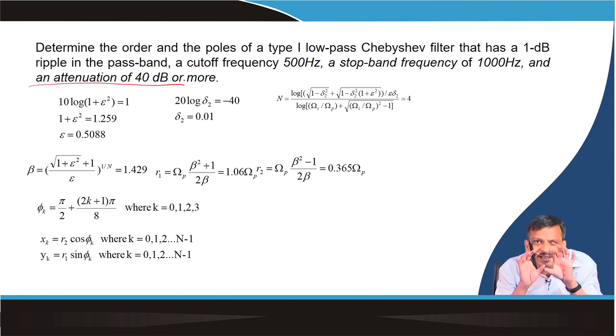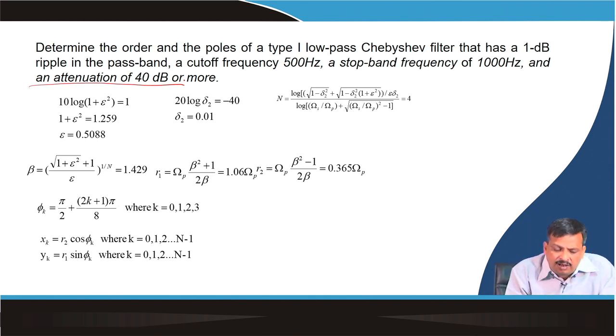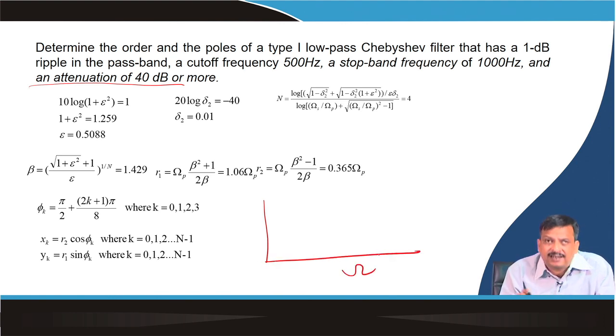So, from that verbose statement, first you draw the filter. So, this is my omega axis and this axis is in dB. Let us say this is my 0 dB. Then it says the low pass filter has a 1 dB ripple in the passband. So, a 1 dB ripple in the passband means epsilon, which I have to calculate.